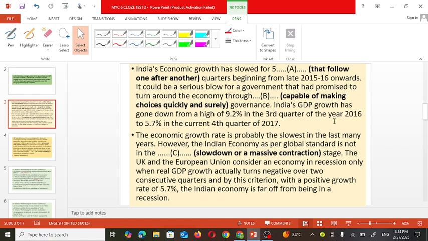India's GDP growth has gone down from a high of 9.2% in the third quarter of the year 2016 to 5.7% in the current year, means the fourth quarter of 2017. This first part of the paragraph is completed.